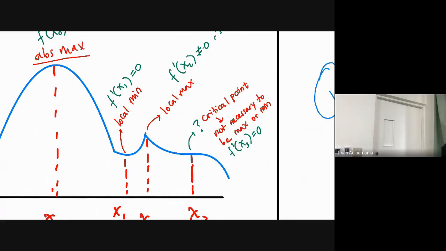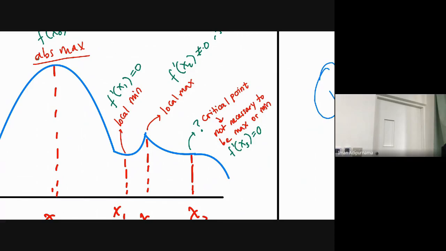So at the left one it's going up, at the right one also going up, and they will meet at exactly one point where the tangent line is 0, right?